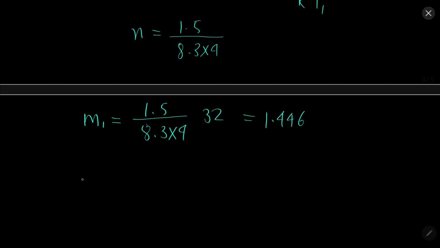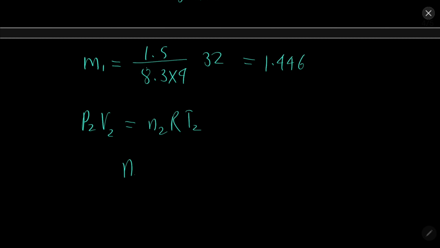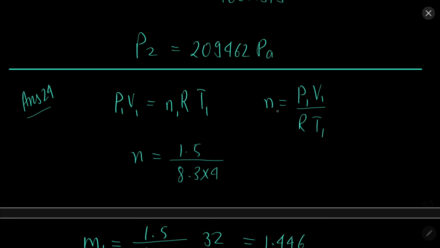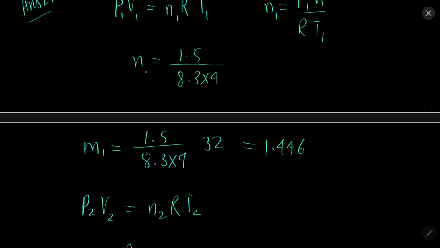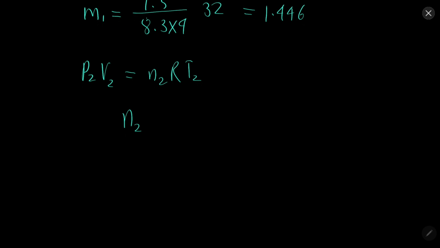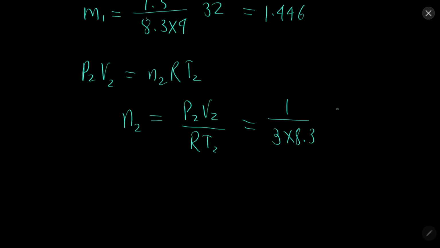approximately. So P2 V2 equal to N2 R T2. So N2 will be equal to P2 V2 over R T2. So it will be 1 over 3 into 8.3 or 0.040.